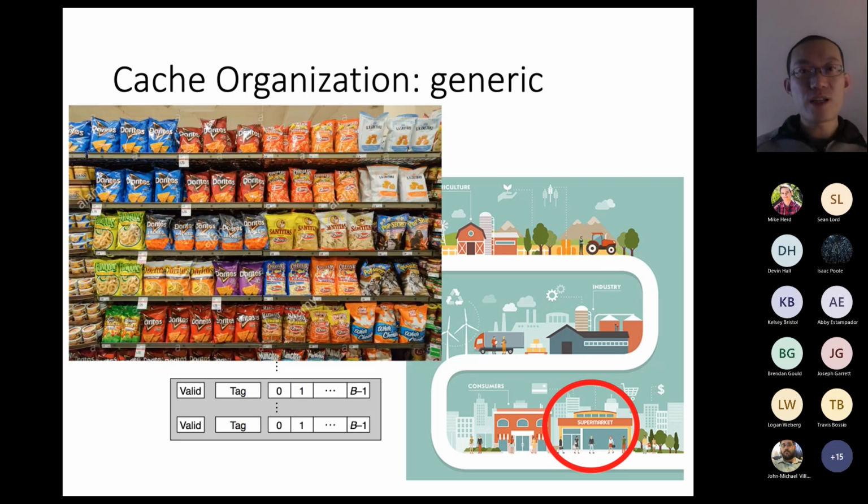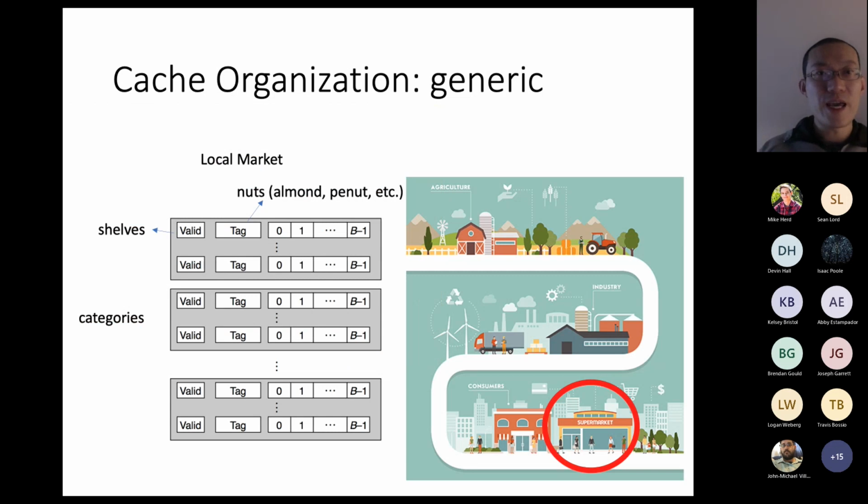It's just a block of the same kind of chips, right? This is just like a block in our cache. So hopefully this analogy helps you make more sense of the layout of the cache, which is similar to the layout of the supermarket.